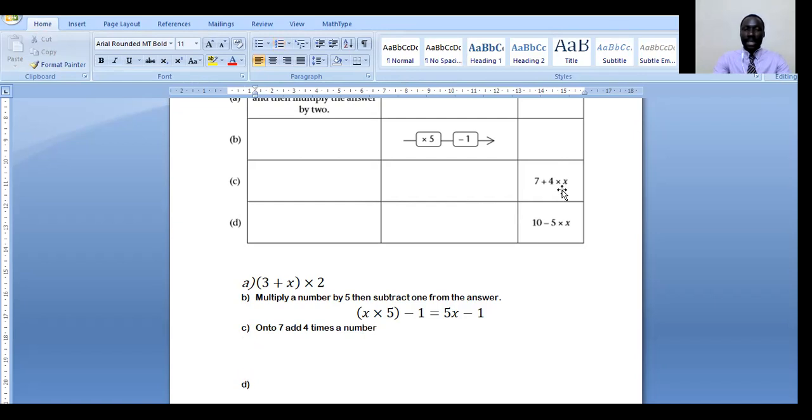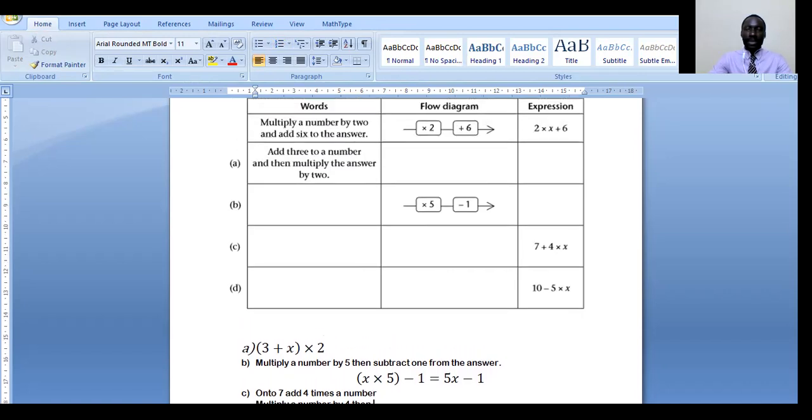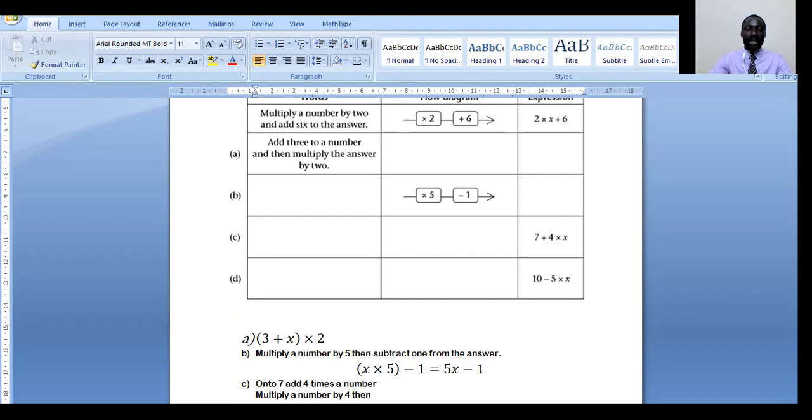Or we would rather say multiply a number by 4. Then add 7 to the answer. That is what we have.